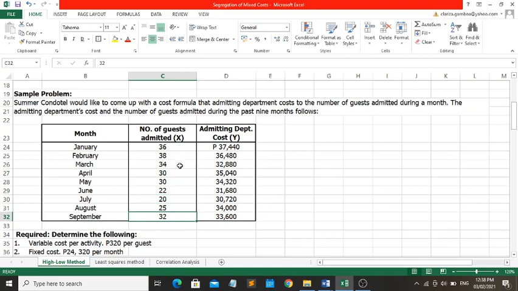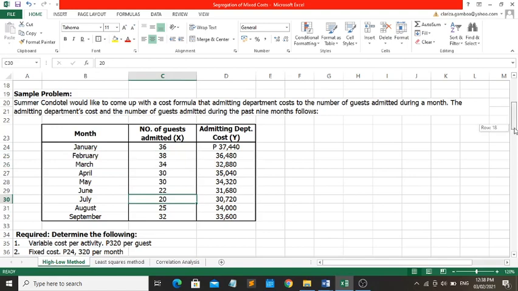So, kung titignan natin, ang highest point is etong February na may 38 guests admitted at ang lowest point natin ay etong July na meron lang 20 guests na na-admit for 30,720. So, wag malilito pag high-low, ang titignan nyo po ay ang cost driver, at hindi ang cost.